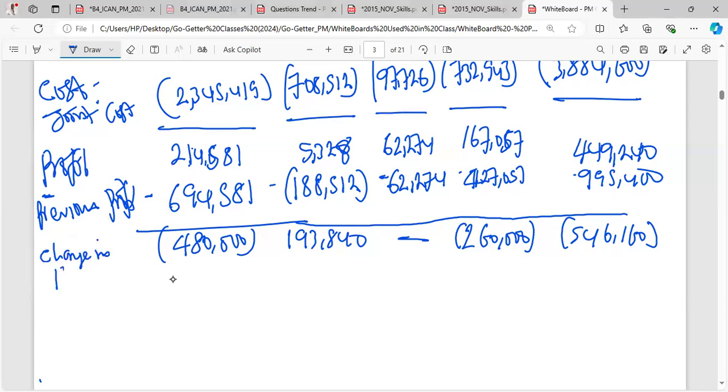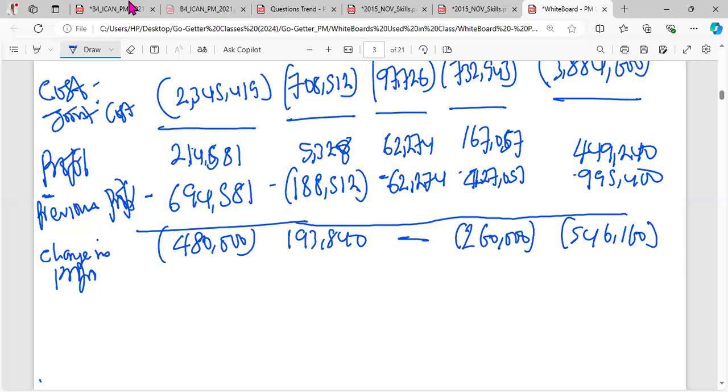Change in profit. So it means here that if you are to adopt this new method, you are going to increase your profit higher.